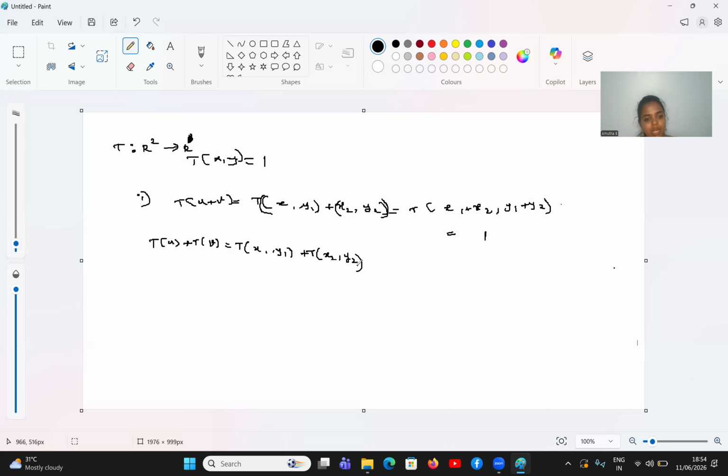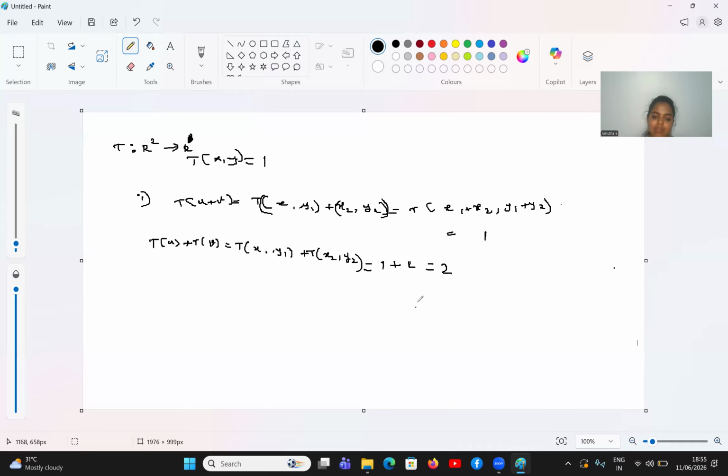In this problem, I'm not writing u and v, I just took the values similarly as the last problem. Here T of (x1, y1) by this map we have 1, and next plus T of (x2, y2) by this map we should get 1. Anyway, we are getting 2 here.